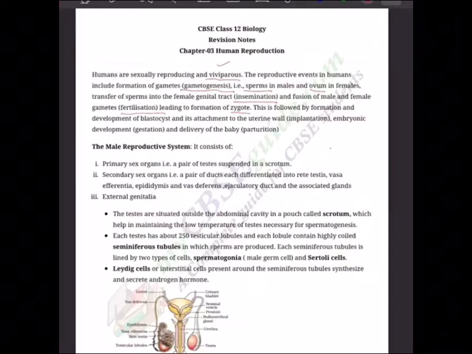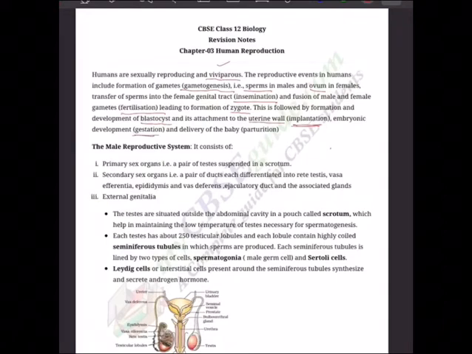This is followed by formation and development of blastocyst and its attachment to uterine wall of the uterus, and that attachment of growing zygote to the wall of the uterus is called implantation. So embryonic development takes place from there. Embryo starts forming, that's called gestation.